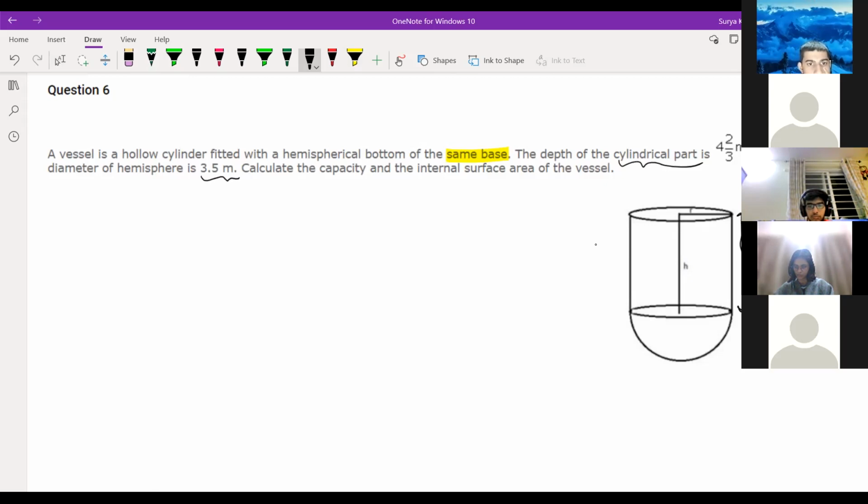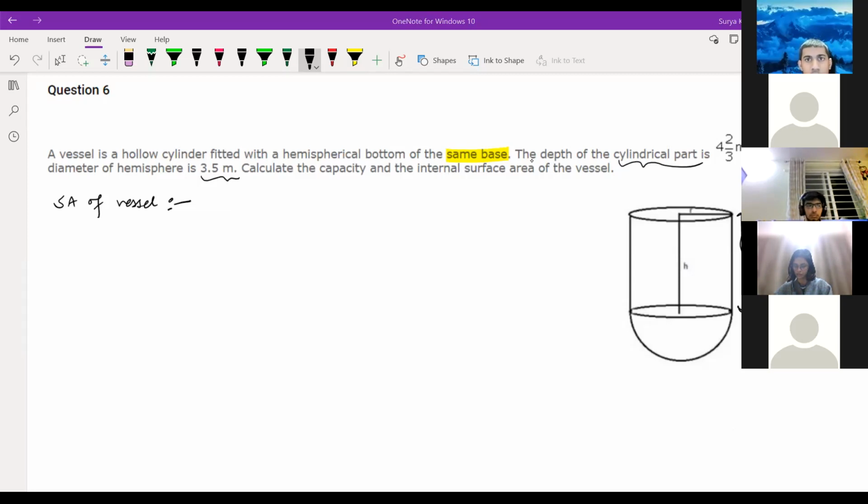How to find? Tell me, Shreyas, the formula. Surface area of vessel, how should we find, TSA, CSA, what we have to find here? Can you hear me, Shreyas? Yes, sir. I didn't understand the question. See, question is you are having one hollow cylinder here, okay?